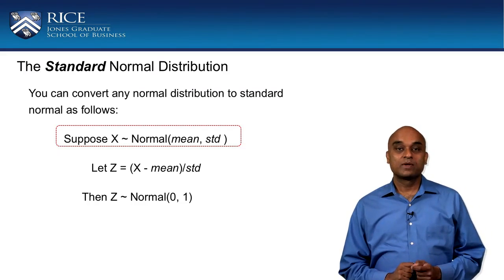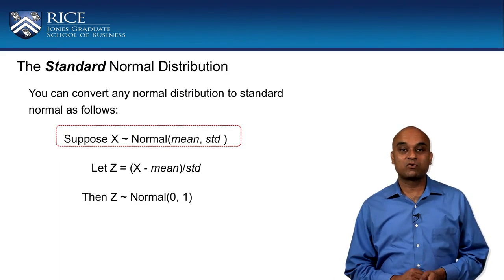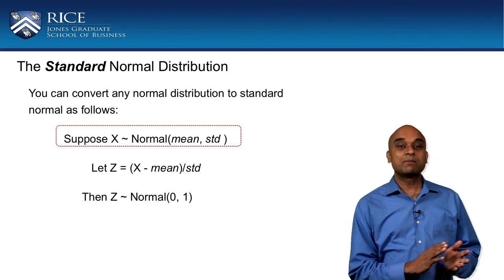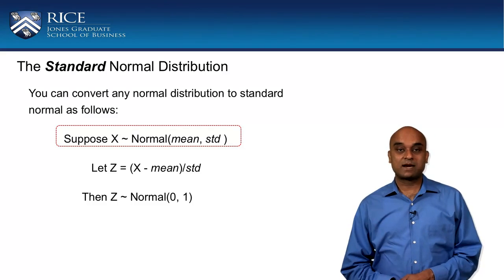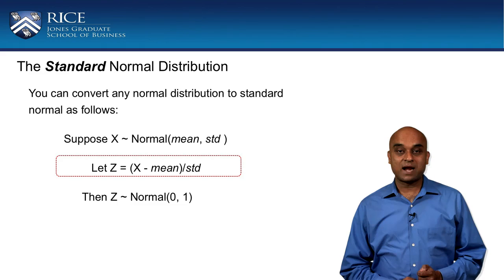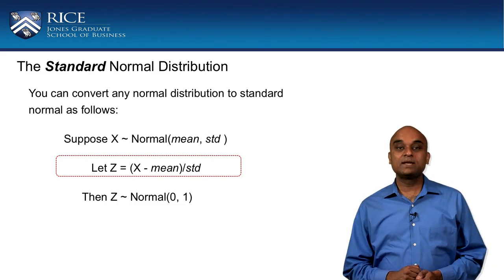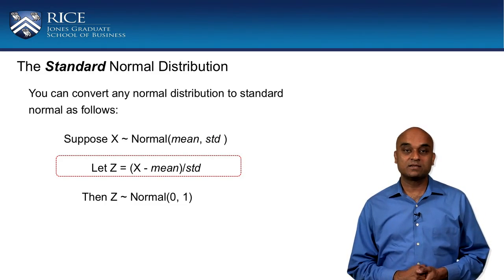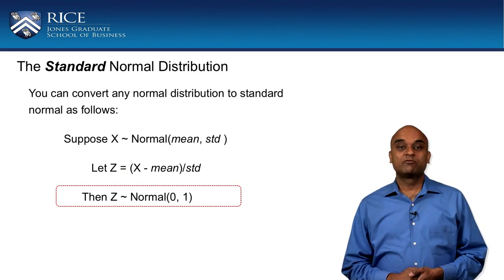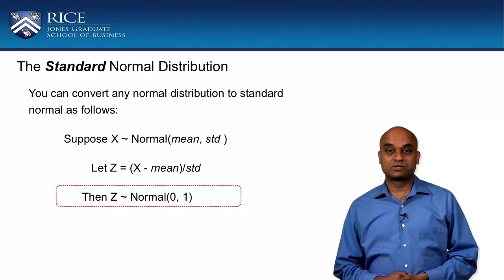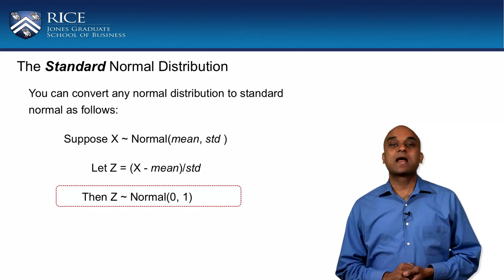As shown, if uppercase X is a random variable that follows a normal distribution with some mean and some standard deviation, then if we transform it into another random variable, uppercase Z, by subtracting the mean and dividing by the standard deviation, this newly created random variable Z follows a standard normal distribution, that is a normal distribution with mean 0 and standard deviation 1.